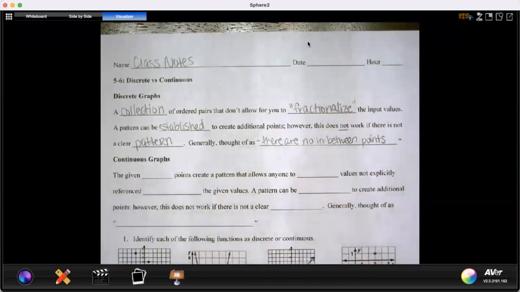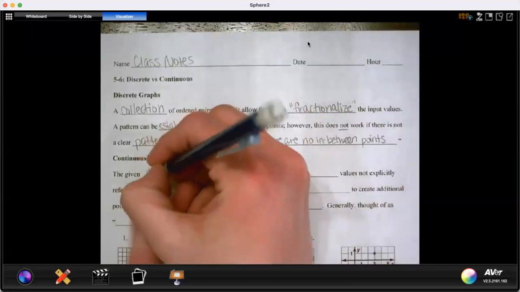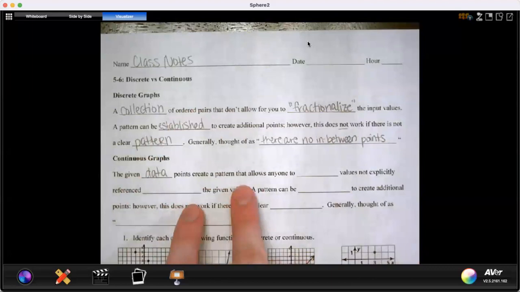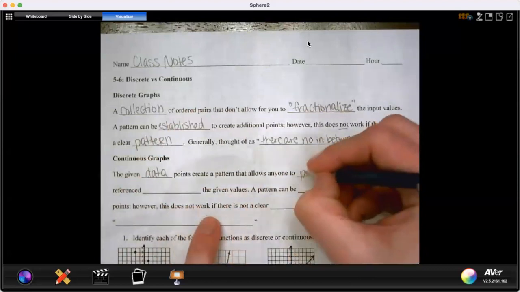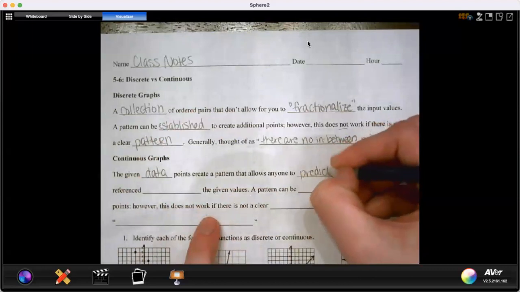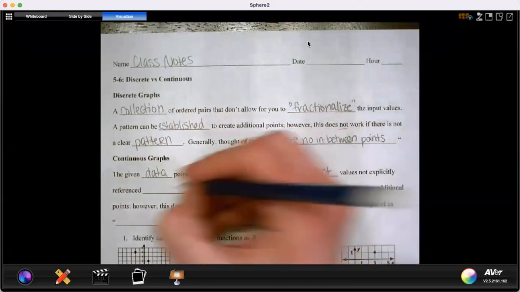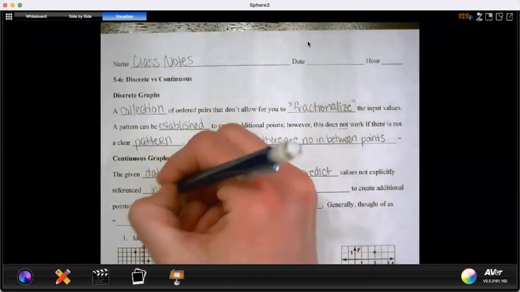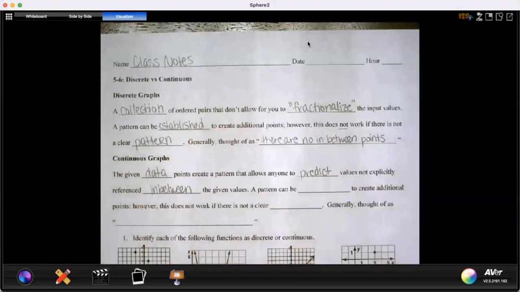Versus continuous graphs, the given data points create a pattern that allows anyone to predict values that are not explicitly referenced in between the given values.